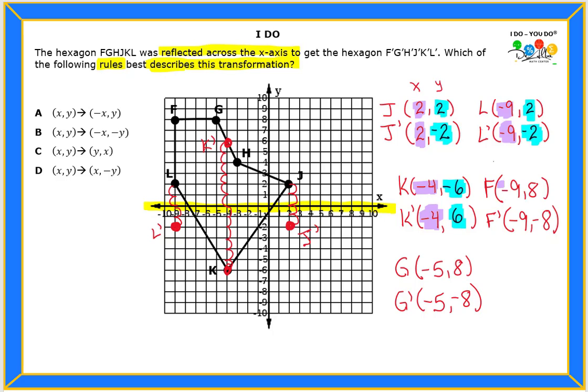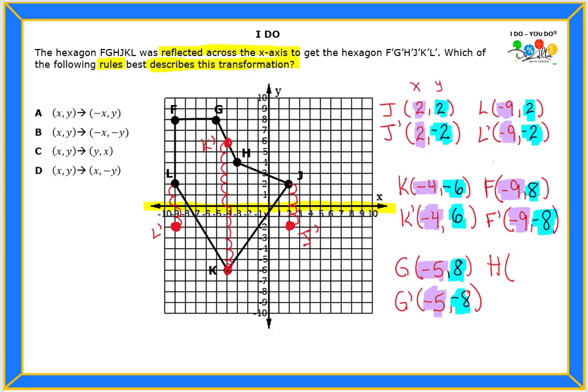Okay, so notice how my X coordinate stays the same, right? The Y coordinate is the one that is changing to the opposite. Okay, so let's go ahead and find those points on the graph, and we're gonna come back to the formula in a minute. Okay, so we already have, what about H? Do I have H? No, right? Okay, so let's write it down.